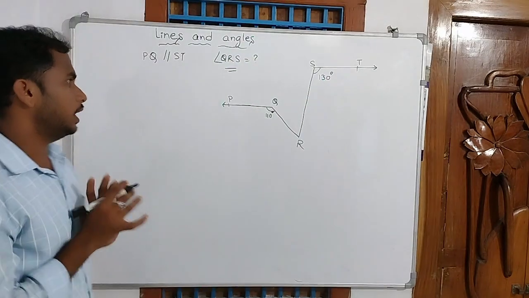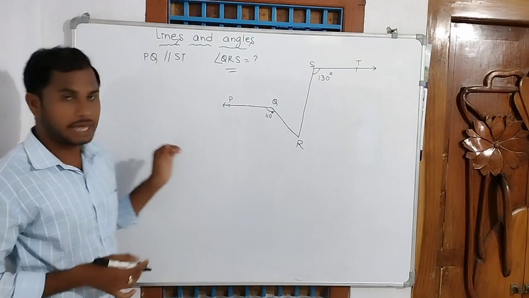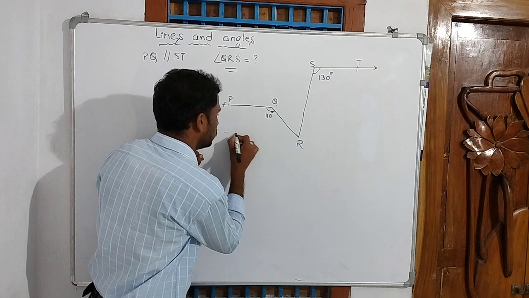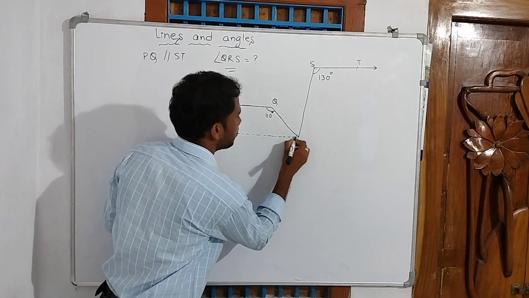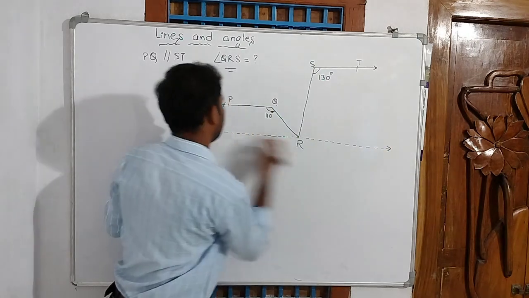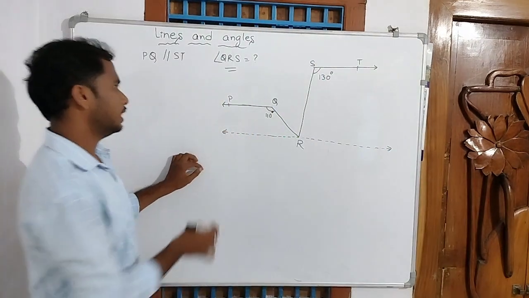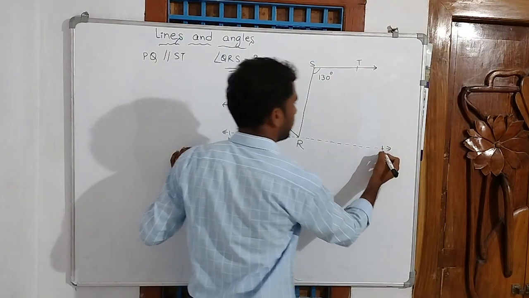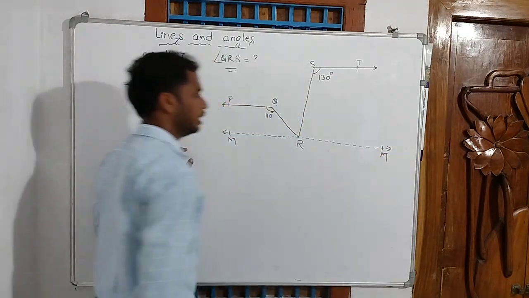How to find it? Here I will draw one line that is parallel to PQ. For example, this line is MN.